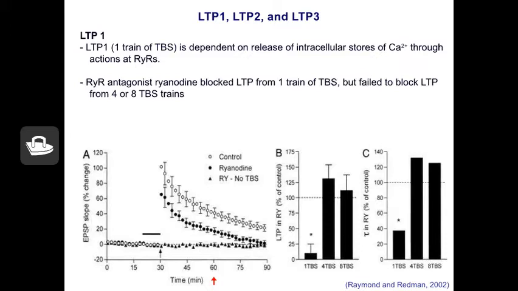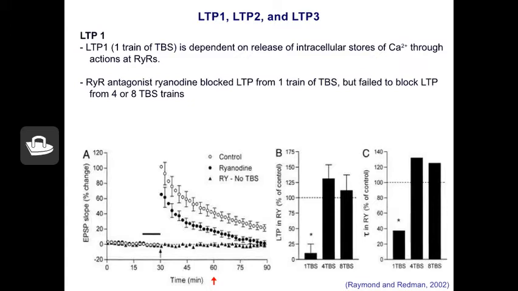Because you see, calcium binds to ryanodine receptors on the endoplasmic reticulum to activate calcium-induced calcium release. This is a feed-forward mechanism whereby an increase in intracellular calcium concentration can be amplified to produce a greater calcium signal.